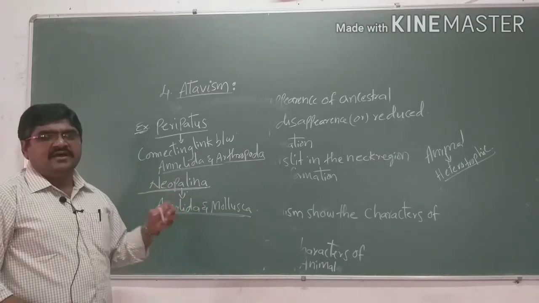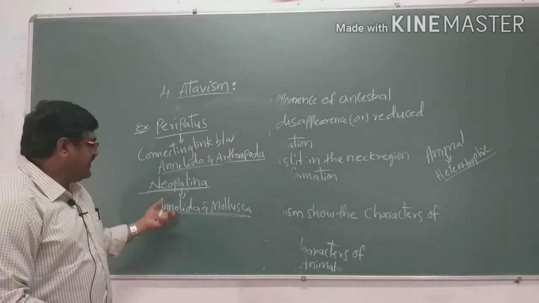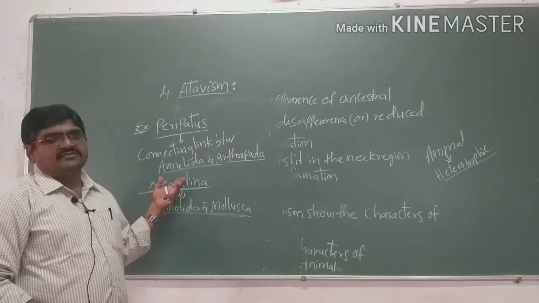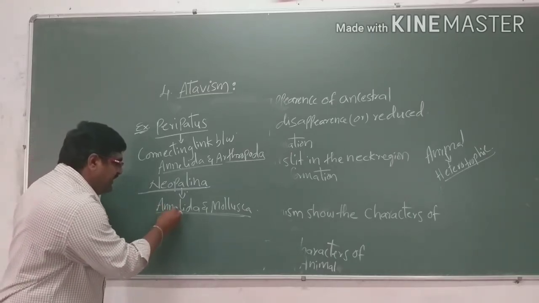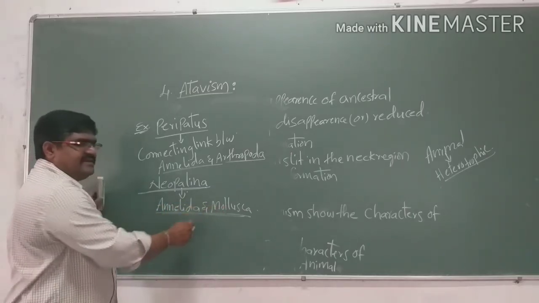So that soft body is segmented. It mainly consists of the characters of both Annelida and Mollusca.